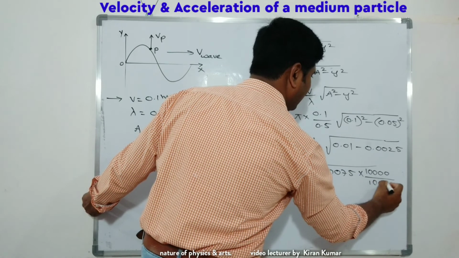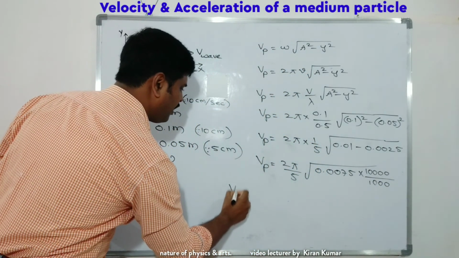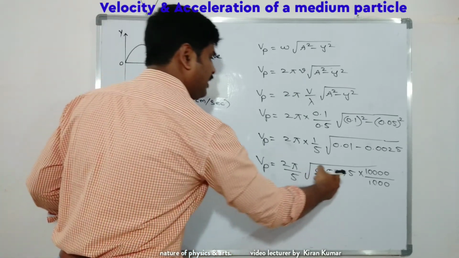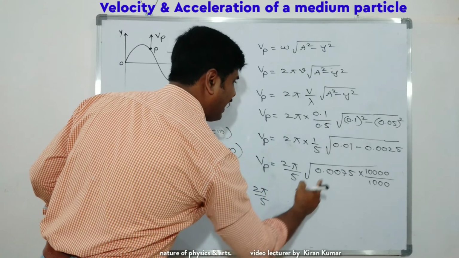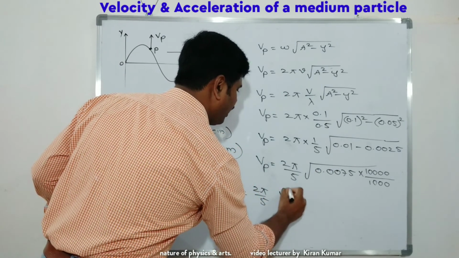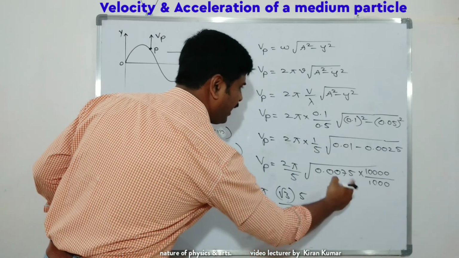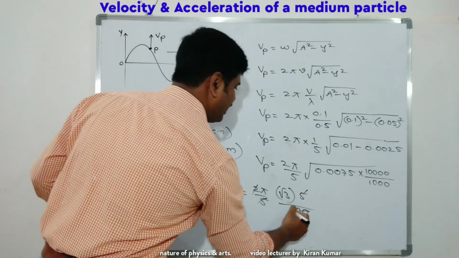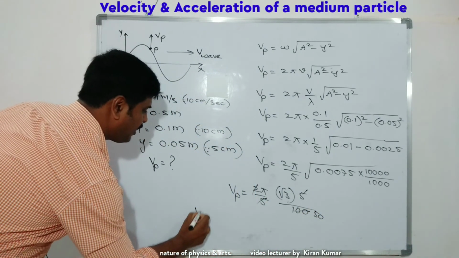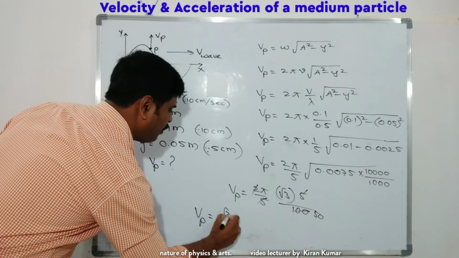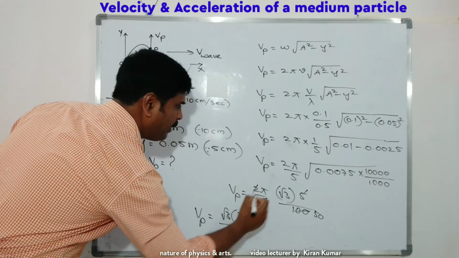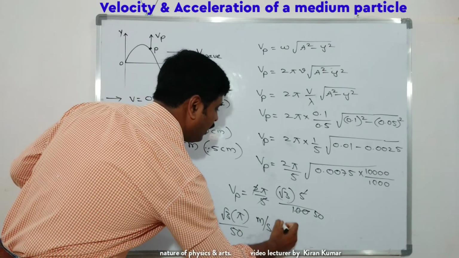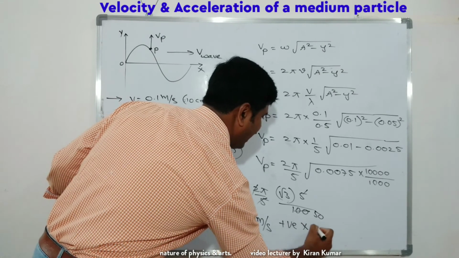So the velocity of the particle is equal to 2π/5, where the numerator value we can write as 75, which is √3 into 5, divided by 100. See, this 5 gets cancelled and this is 50. So the answer is the velocity of the particle is √3 π/50 meter per second along the positive x axis.